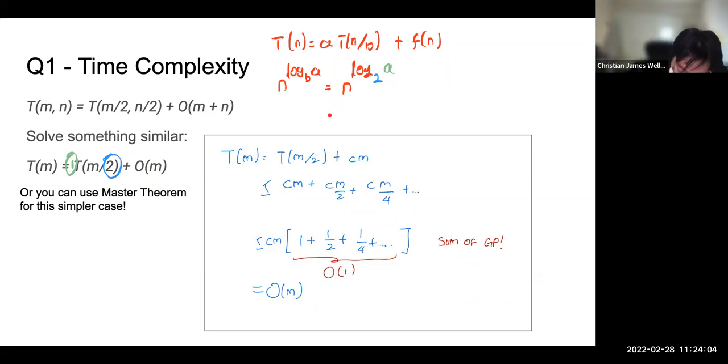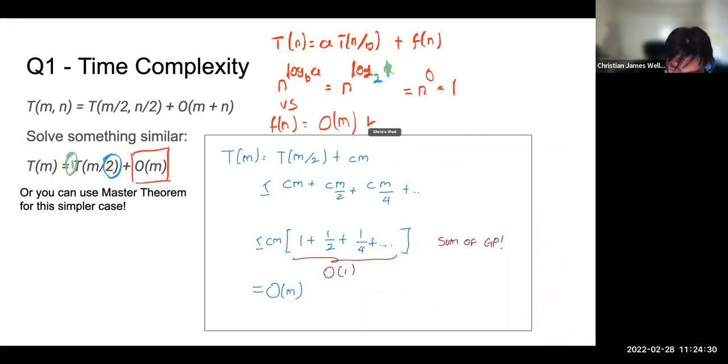So log base b of a comes from over here. This means this is n to the power 0, because log base 2 of 1 is 0, so it's kind of like a constant. And what you want to do is compare this versus f(n), where f(n) in our case is O(m).